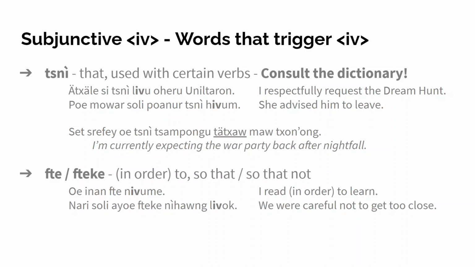Then another example with fteke. Nare soli aioe fteke nehaung livok. We were careful not to get too close. Literally, we were careful in order to not, or so that not, we were too much close. Here again, you see that the log gets the if infix because of the fteke.